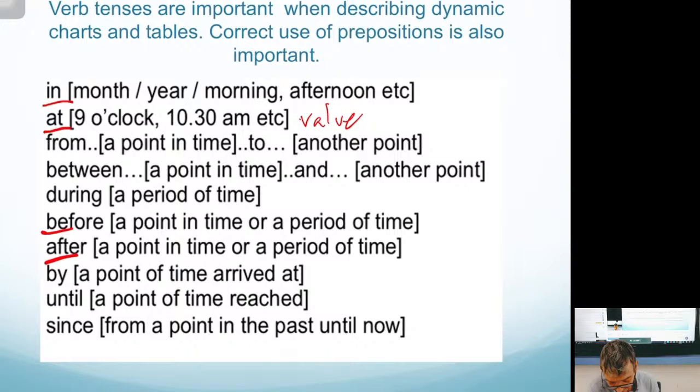Before, after, it should be quite simple. By a point of time arrived at, so remember we had the alternative by, which was by December, or by some month. Okay, so you should be fairly familiar with all of those anyway.